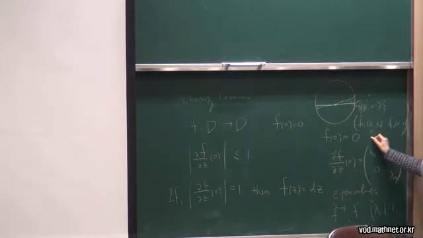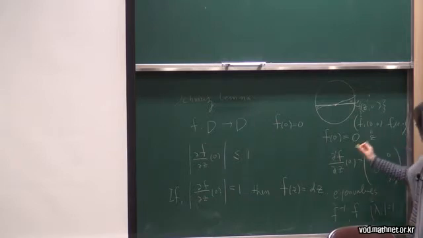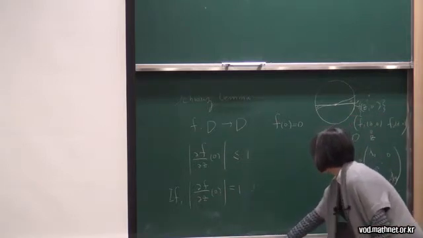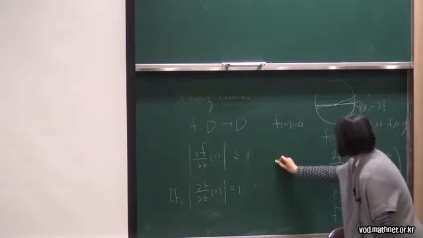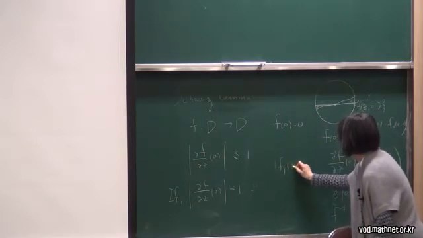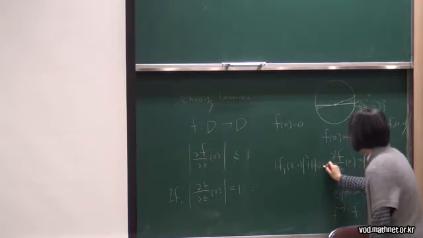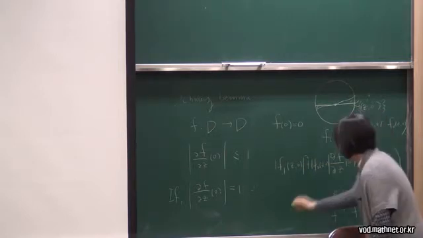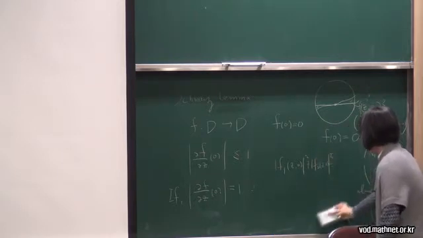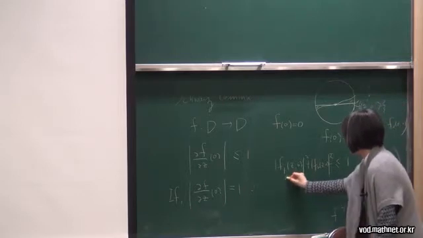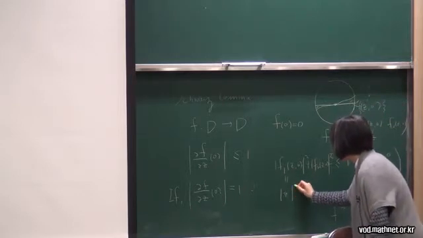So this must be C by the Schwarz lemma. Then the absolute value of this must be, since the ball goes to the ball, F1(C,0) squared plus F2(C,0) squared must be less than 1, but this is already C squared.